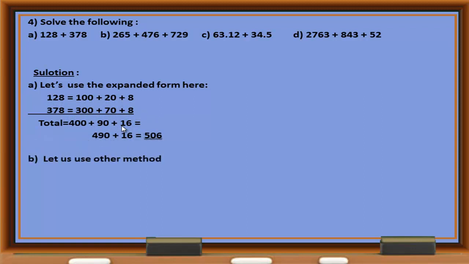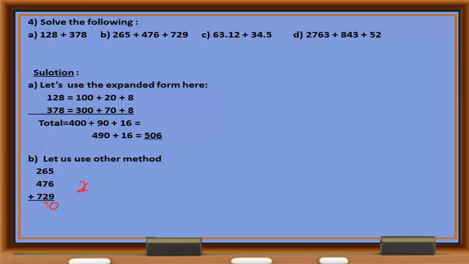Number 2, let us use other method. Instead of expanded form, we'll use the vertical method. That is 5 plus 6 is 11, plus 9 is 20. We write here 0 and we put here 2. 6 plus 7 is 13, plus 2 is 15, plus this 2 is 17.